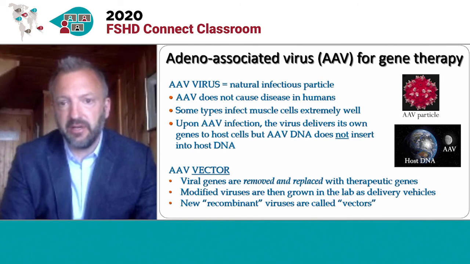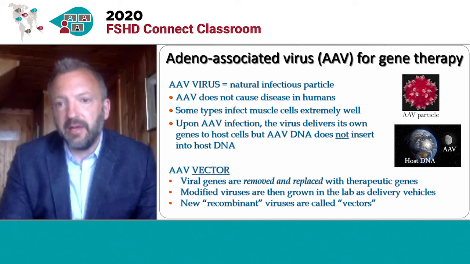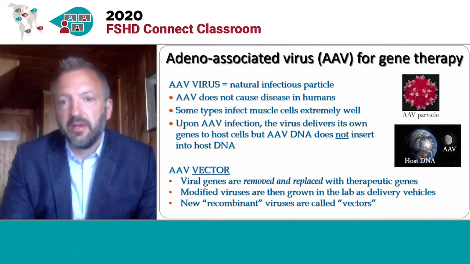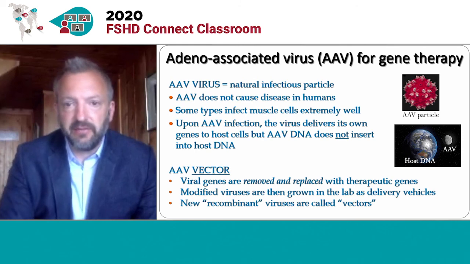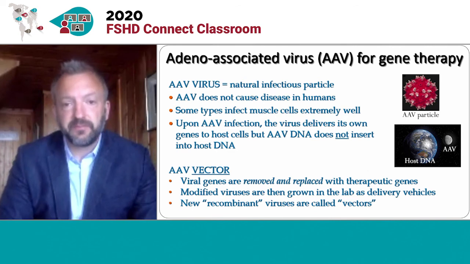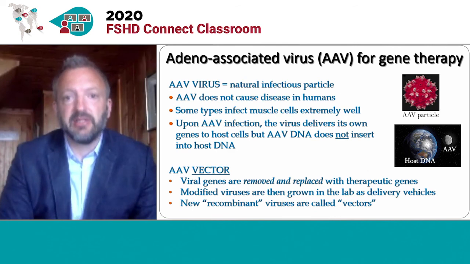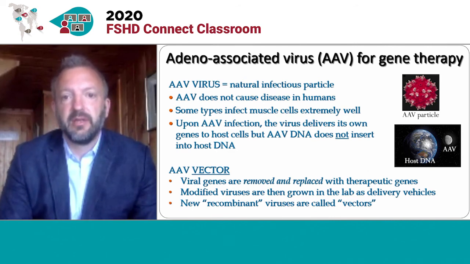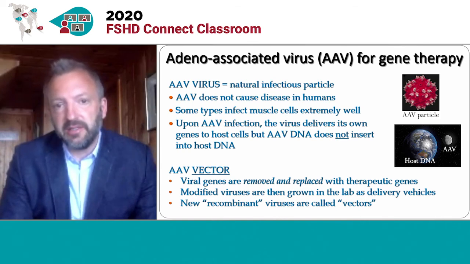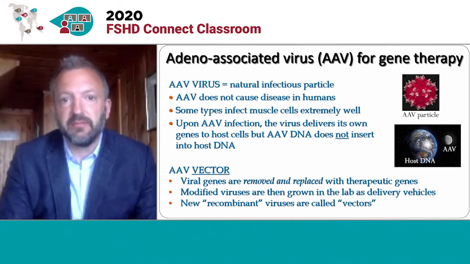So I've got a picture here of the host DNA, which would be like our chromosomes, and then the AAV DNA is the moon around that Earth. So the AAV DNA actually never inserts itself into our own genes, which is a good property because that has low risk of causing some sort of what's called insertional mutagenesis, which could lead to some problems.